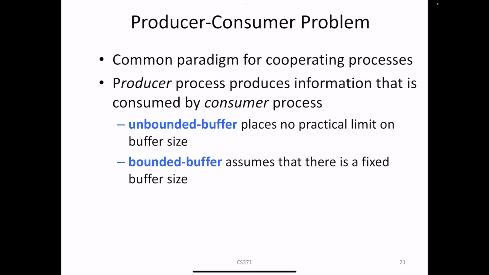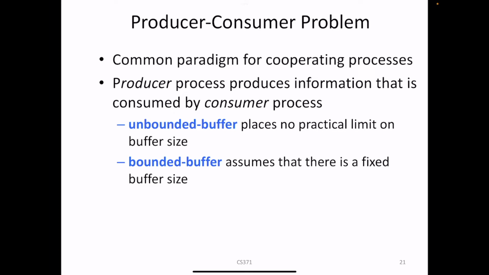Next, let's look at a classical problem called the producer-consumer problem, which is widely used to investigate different mechanisms for cooperating processes. The producer process will produce information which is consumed by the consumer process. Normally, this problem is discussed in two situations.